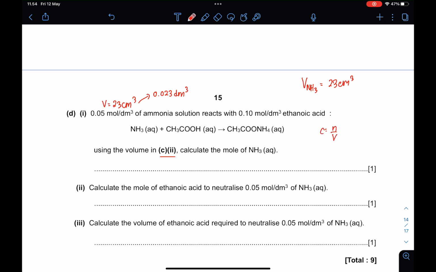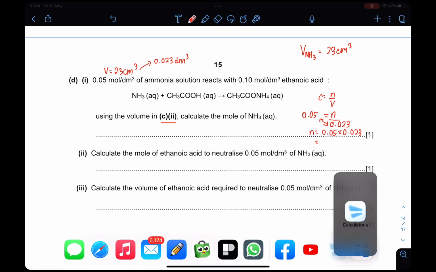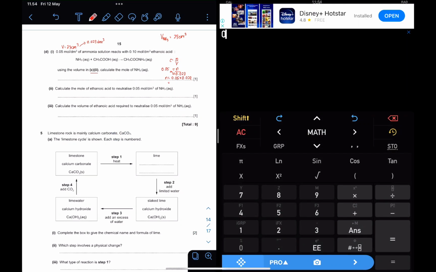So we will have 0.023 dm cube. To find the number of moles, we know concentration is number of moles divided by volume in dm cube. Concentration is already given as 0.05, and volume must be in dm cube, which we already changed. So number of moles is 0.05 times 0.023.